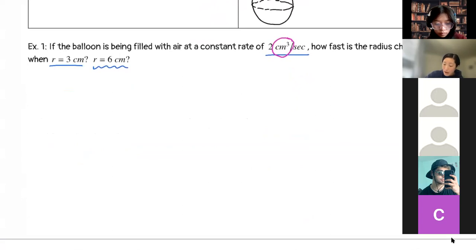All right, so now let's go back to our question for a moment. We have a balloon that's being filled with air at a constant rate of 2 centimeters cubed per second. So right off the bat, I'm going to say volume equals 4/3 pi r cubed.